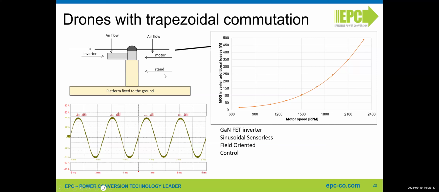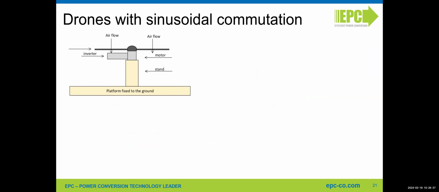And if you consider that a typical agricultural drone has at least 6 motors like this, then you can do the math and multiply: during operation, just by changing to a gallium nitride inverter, it can save several kilowatts of instantaneous power.